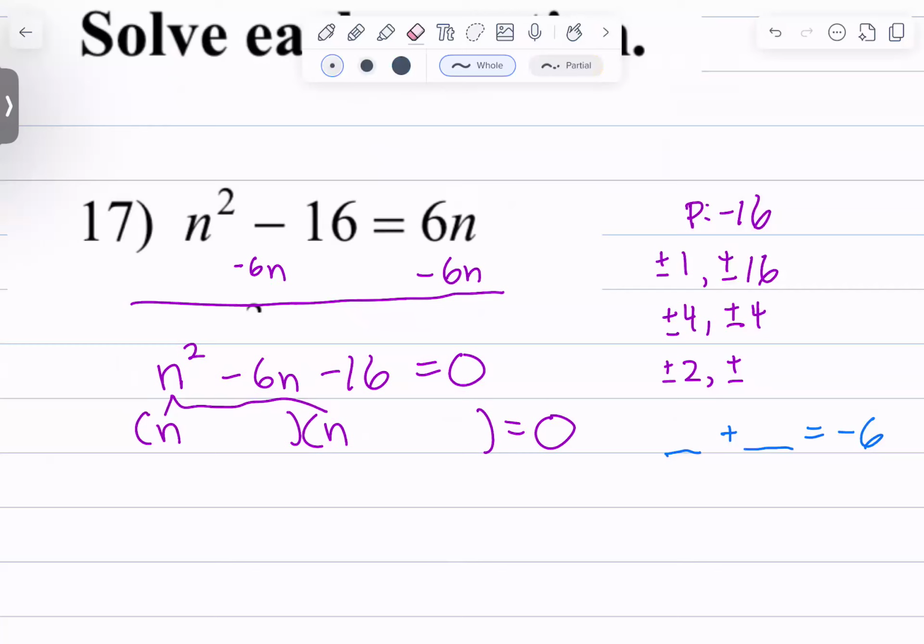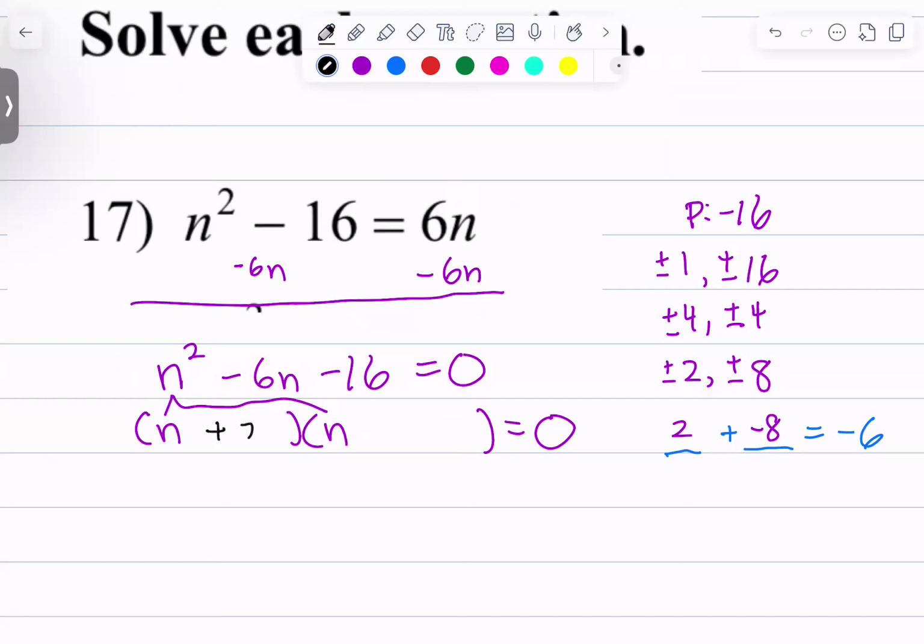Oh, that's why. It's not 2 times 6, it's 2 times 8. Thank you. Yeah, 2 times 8 is 16, not 2 times 6. 2 times 6 is 12. So it has to be 2 and negative 8, right?